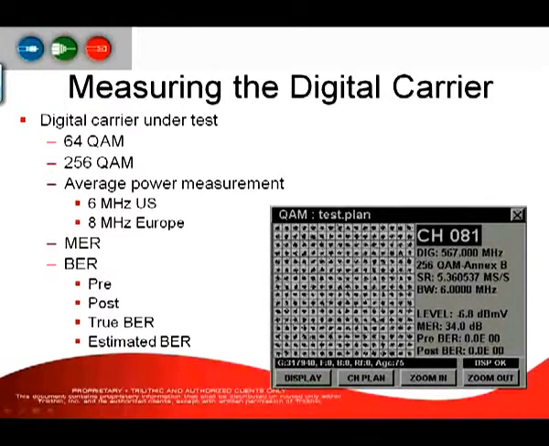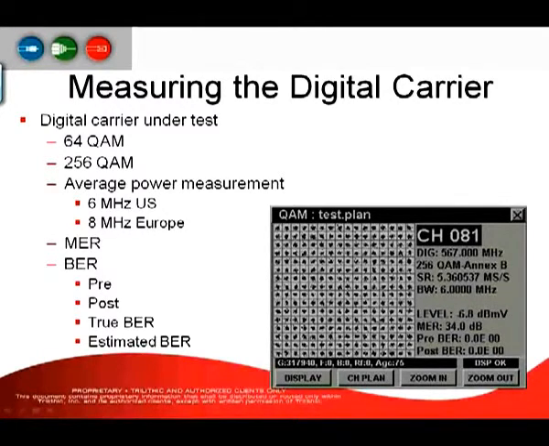We talked about pre, post, and true BER, which is when there's actually a digital board or a digital piece of equipment that's measuring every bit that passes by it, as opposed to an estimated BER that looks at the MER, uses the Reed-Solomon method, and comes up with what the BER should be.